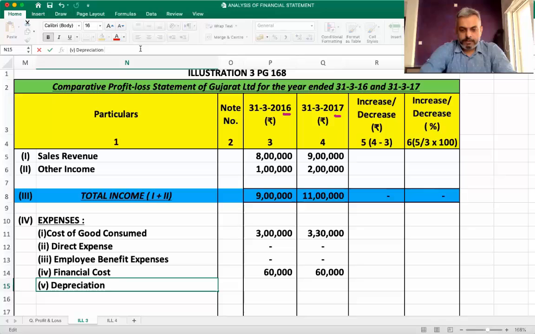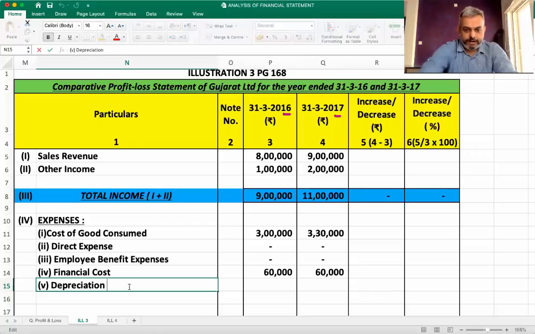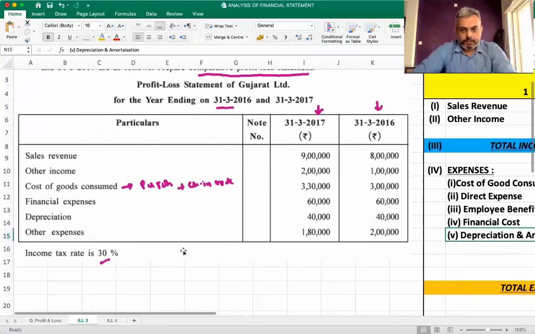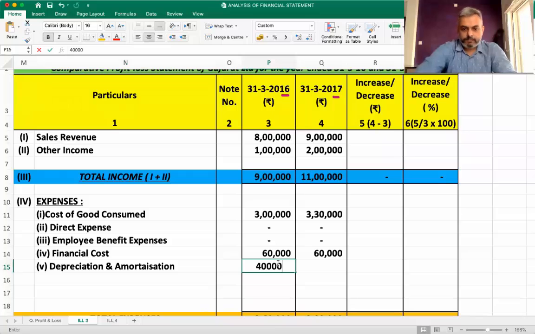Fifth, depreciation and amortization. So depreciation we already have. You can write amortization also. 40,000 remains same, no change.